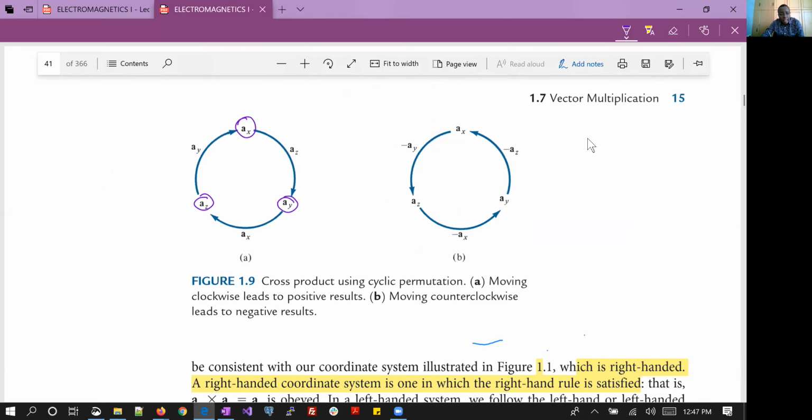So like X, Y, Z, X, Y, Z, as if you are forming a loop. Therefore, if you are at AX, you go to AY, and the next one will be AZ. You can take it that way.